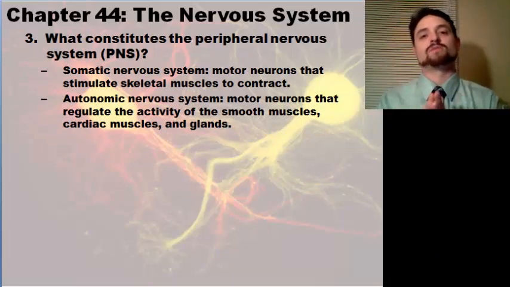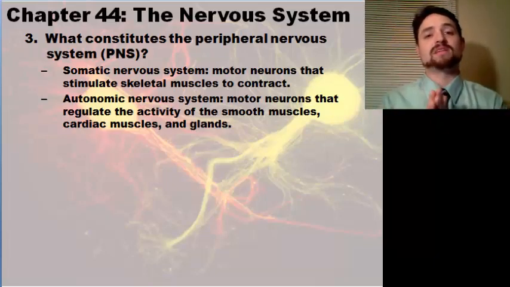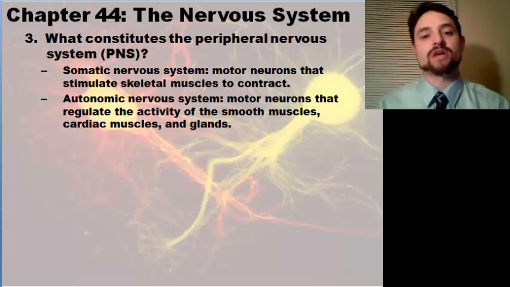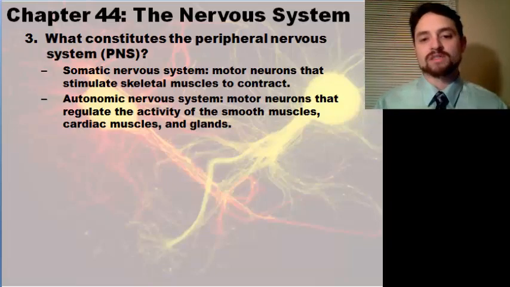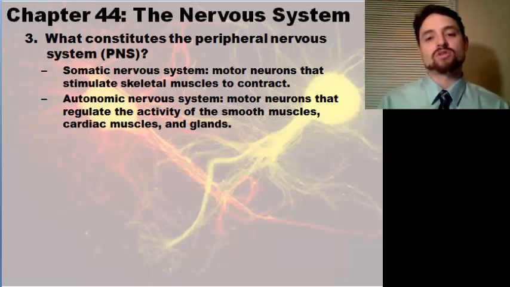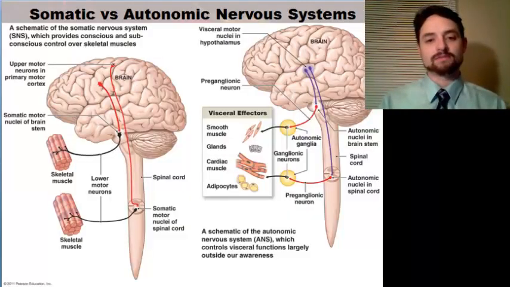The central nervous system we said was brain and spinal cord. That's pretty basic. What constitutes what we call the peripheral nervous system, or the PNS? That's the somatic nervous system, which are motor neurons that stimulate skeletal muscle contraction, and the autonomic nervous system, which are motor neurons that regulate the activity of smooth muscles, cardiac muscles, and glands.